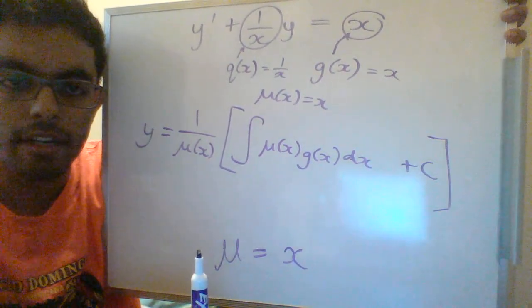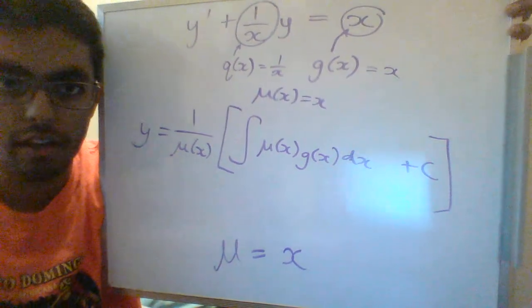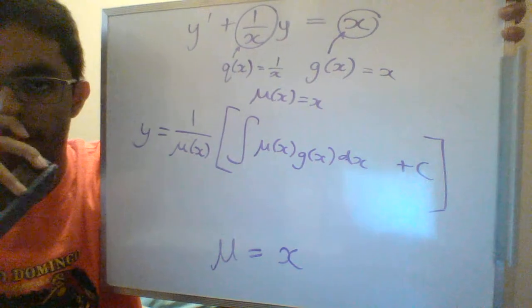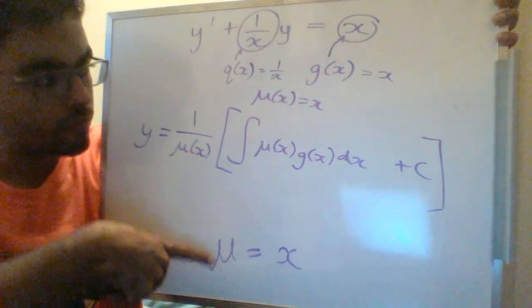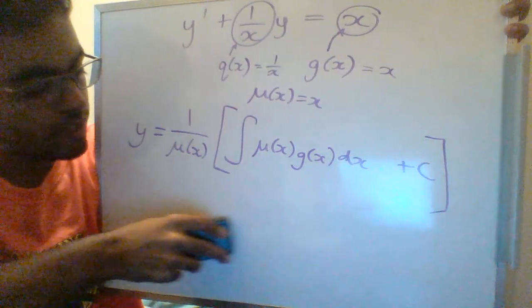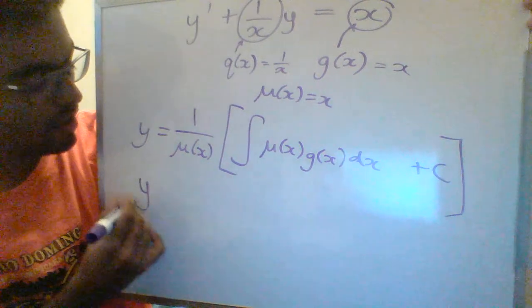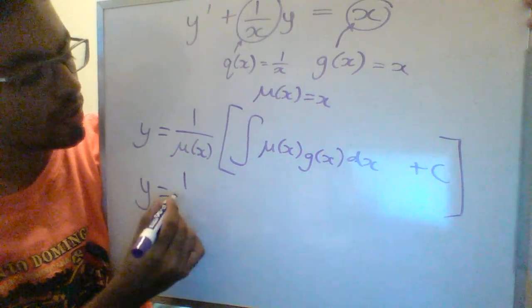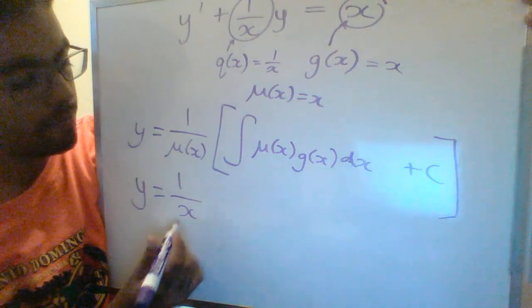It does look intimidating at the start, as it always does. There's a lot of functions being thrown into an integral, and it's all being multiplied together, and it's kind of weird, but it'll really simplify itself in just a moment. We have y is equal to 1 over mu of x, and we know mu of x is equal to just x, right?